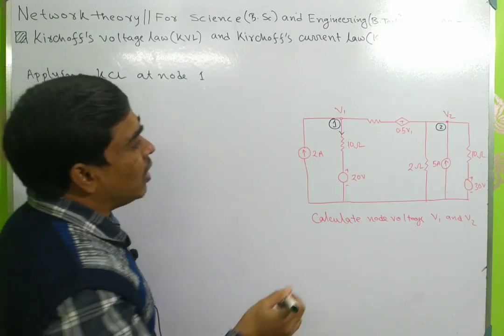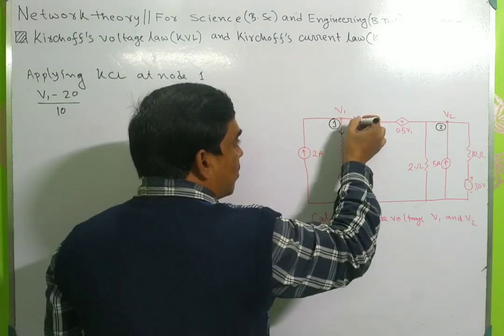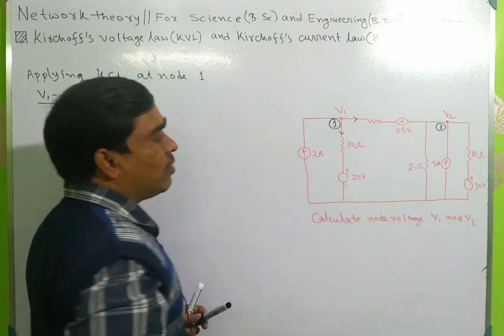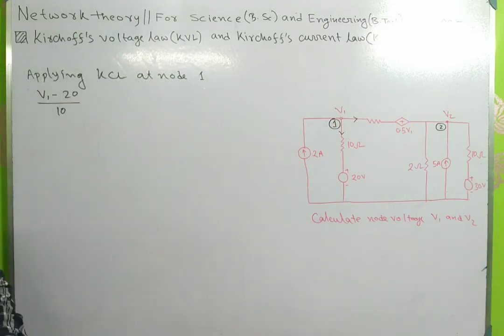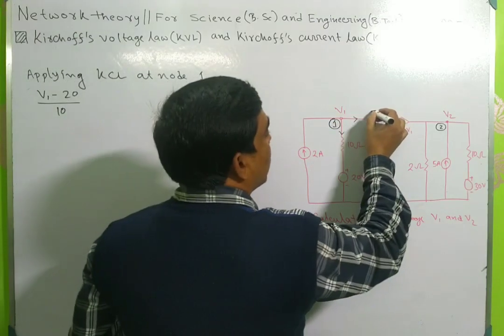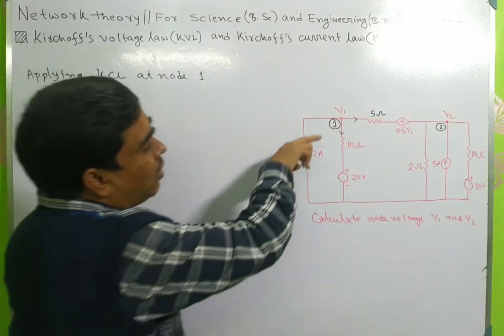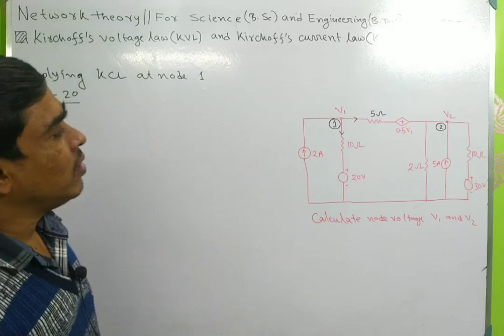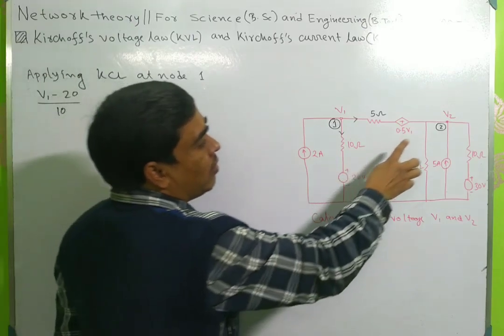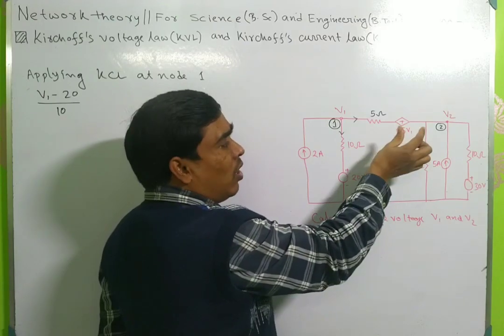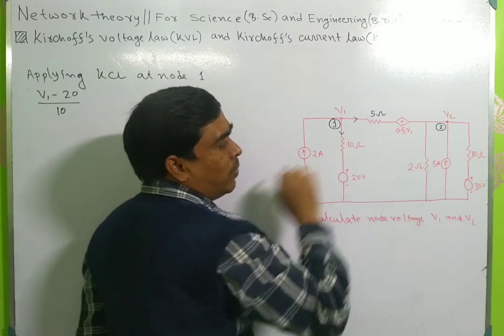Okay, now you have to calculate the current through this resistance. This resistance value is 5 ohm. So the current through this 5 ohm resistance you have to calculate. This is V2 and this is the dependent voltage source 0.5 V1.